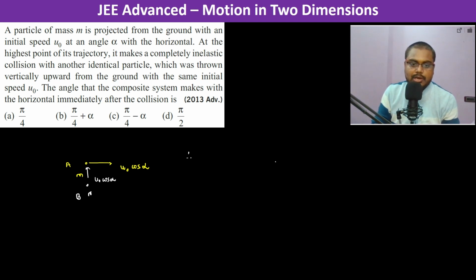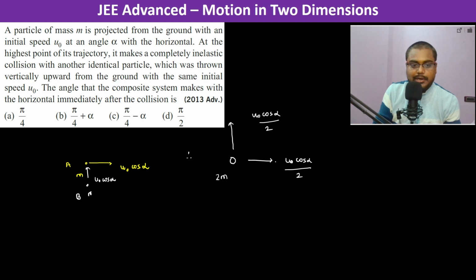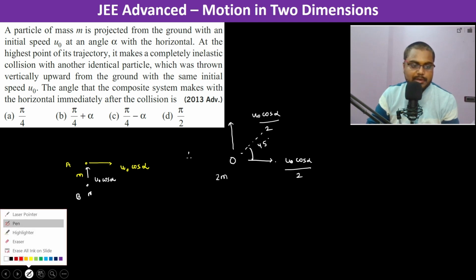After the collision the total mass becomes 2m. So in this direction it is u naught cos alpha divided by 2, and in this direction again u naught cos alpha by 2. So it will be going at an angle of 45 degrees, which is pi by 4.